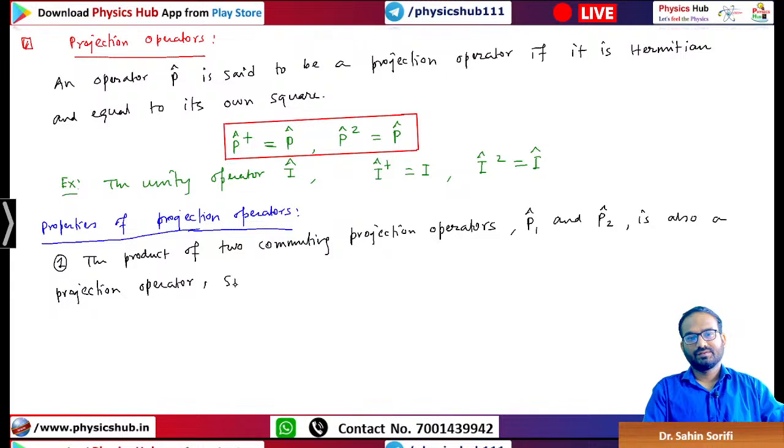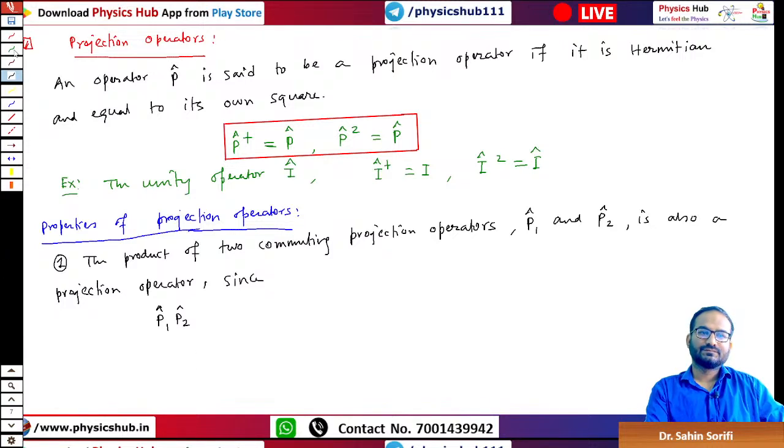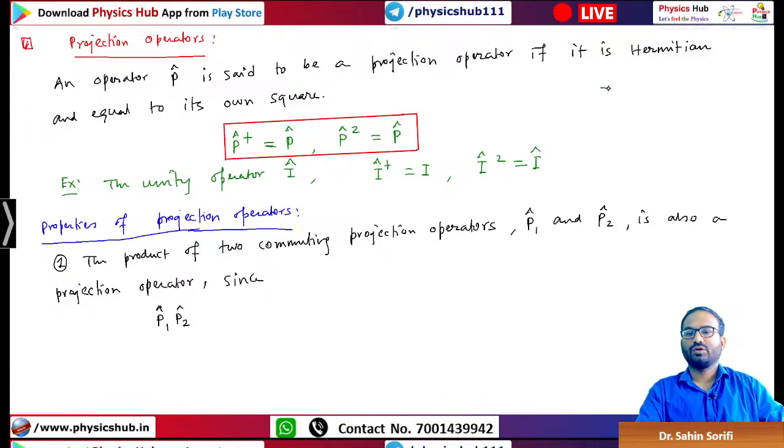Why? Because you see, let's say we have two projection operators P1 and P2, and we have to check these two properties. Simultaneously measurable, yes, that is one thing, but let's say the commutation of two things A, B is equal to AB minus BA.